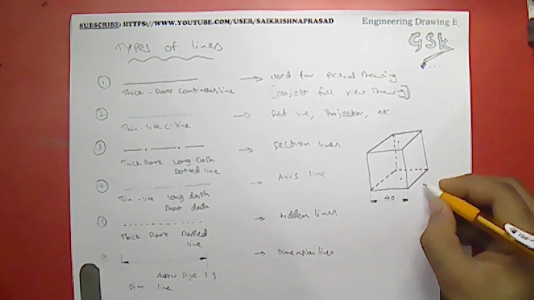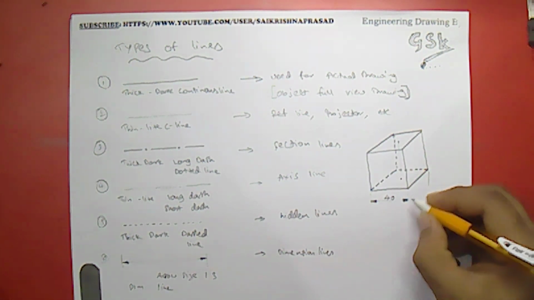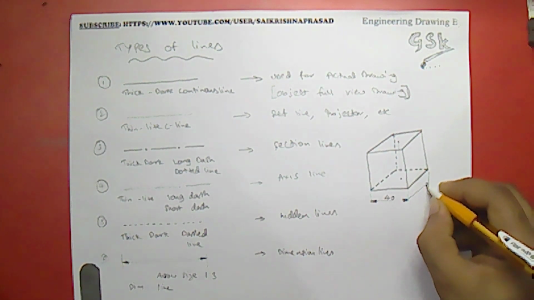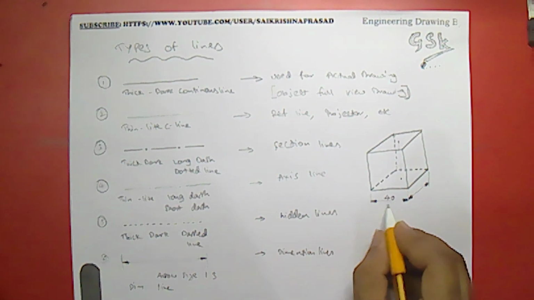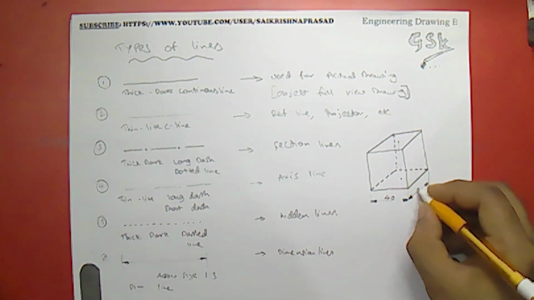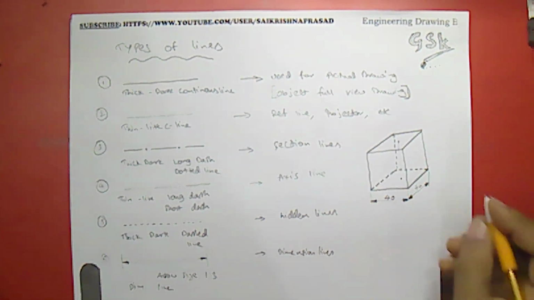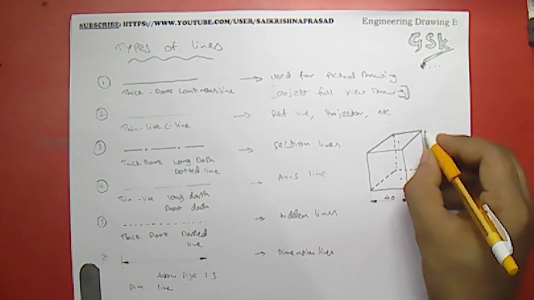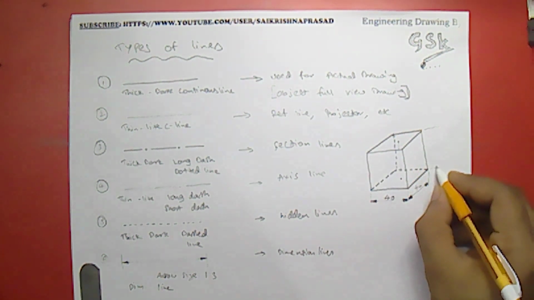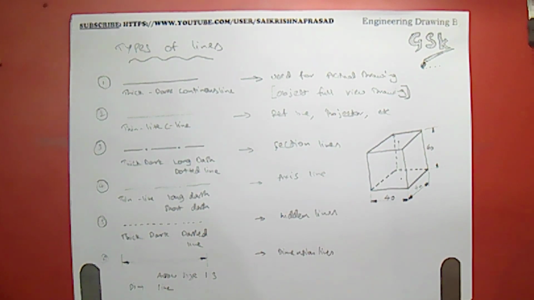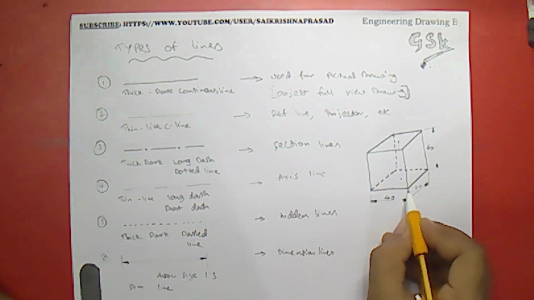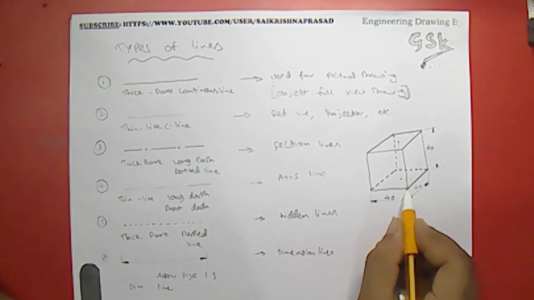And again, I have to show these dimensions also. Everywhere I have to follow the same ratio of the arrows, and again I'm writing it above. Here I'm writing 40. You can see that there is a small gap where these lines join the figure.